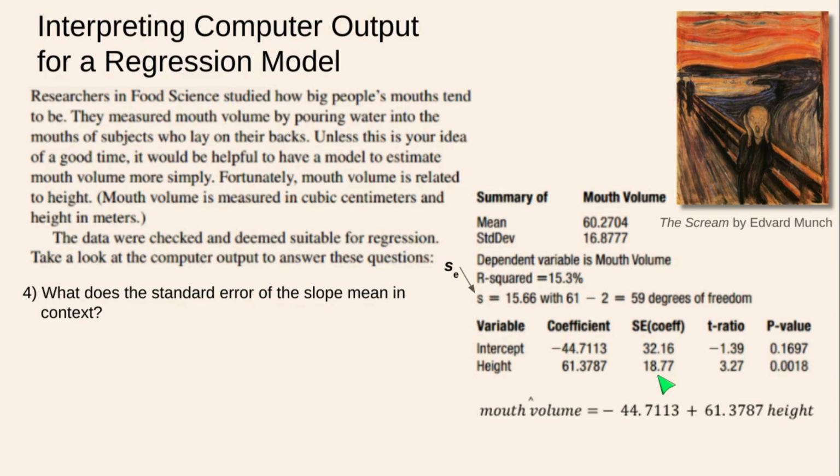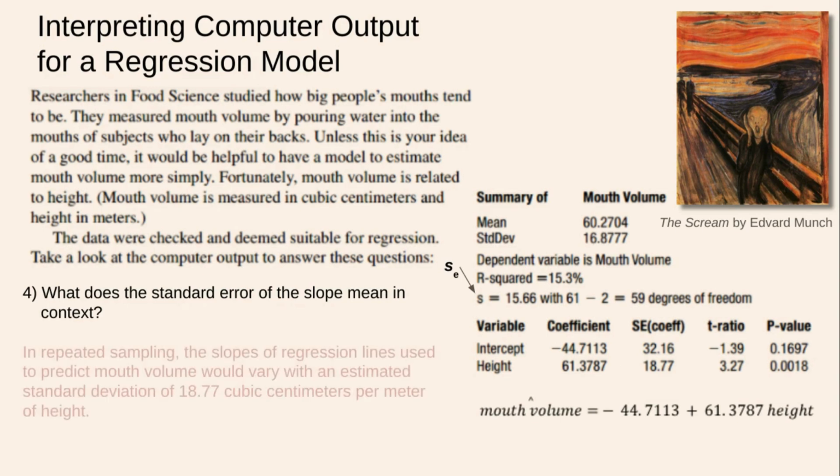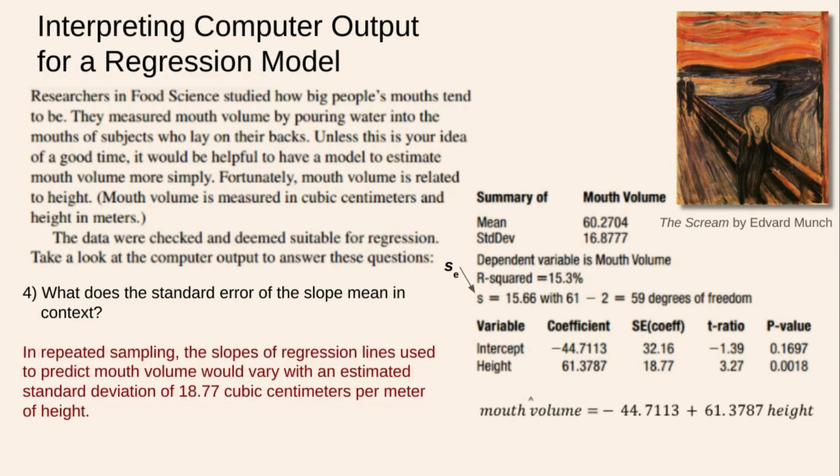In repeated sampling, so after many samples, the slopes of the regression lines used to predict mouth volume are going to vary, all right? So every time you sample, you're going to get a slightly different regression line that has a slightly different slope, right?